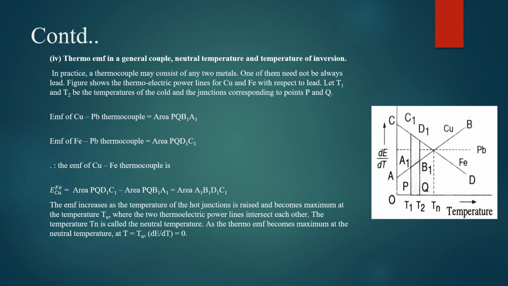Next one is thermo EMF in a general couple, that is the neutral temperature and the temperature of EMF inversion. In practice, we know that the thermocouple may consist of any two metals. One of them need not always be lead. The figure shows the thermoelectric power lines of copper and iron with respect to lead.